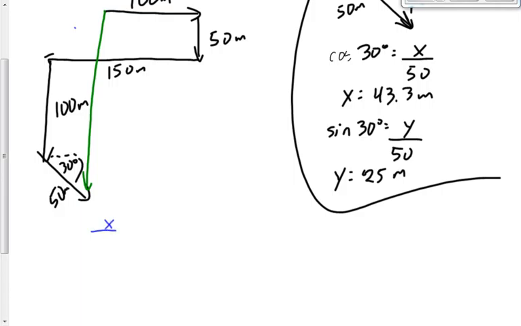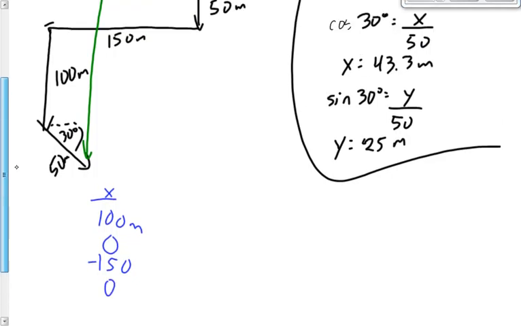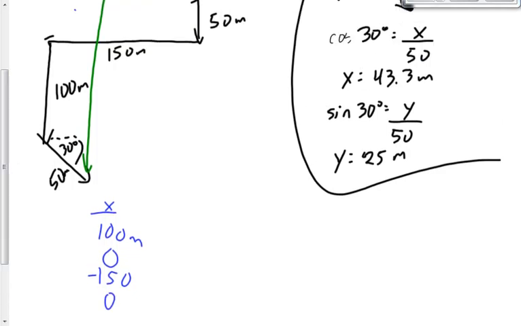Let's say for the first one, the x component is 100. For the second one, the x component is 0. For the third one, it's negative 150. For the fourth one, it's 0. And for the fifth one, the one at 30 degrees, 50 meters, which no longer exists, by the way, it's going to be positive or negative 43.3?